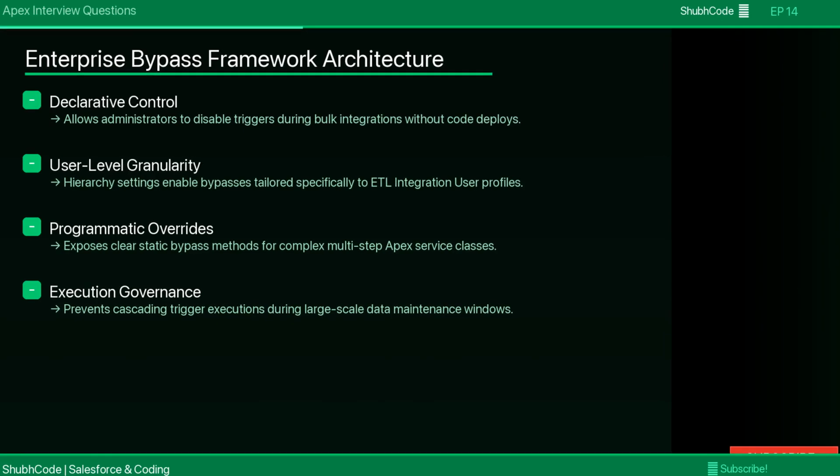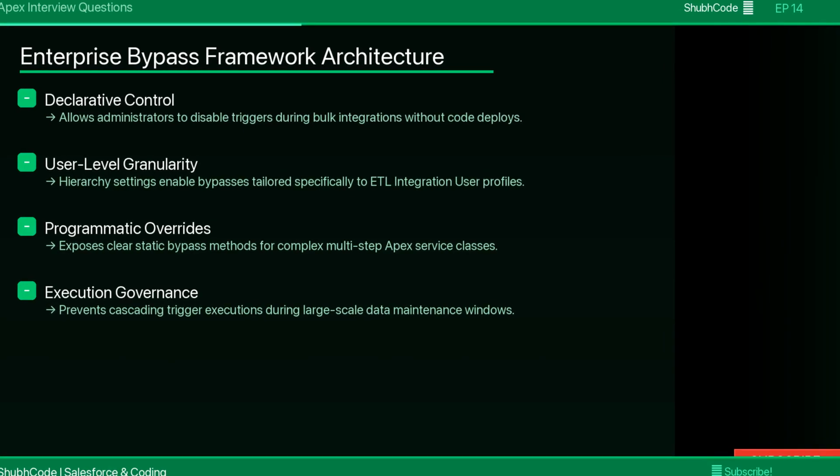Modern enterprise architectures require dynamic control over trigger execution without deploying code or hard-coding static flags. By storing bypass configurations in hierarchy custom settings or custom metadata, admins can disable triggers for data migrations globally or per user.